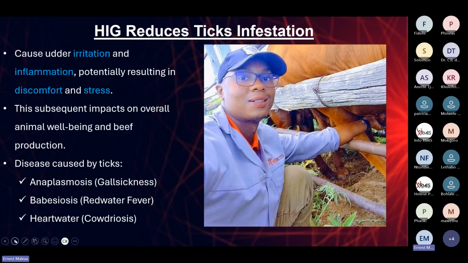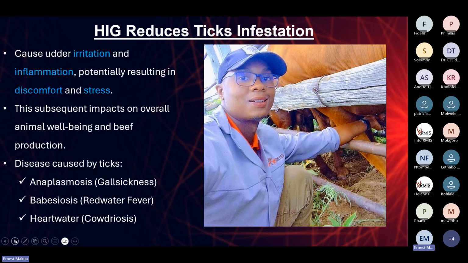Very important, ticks can also cause illnesses in cattle, amongst them anaplasmosis, normally called gall sickness, and babesiosis, the red water fever, very deadly in some other parts of the country.